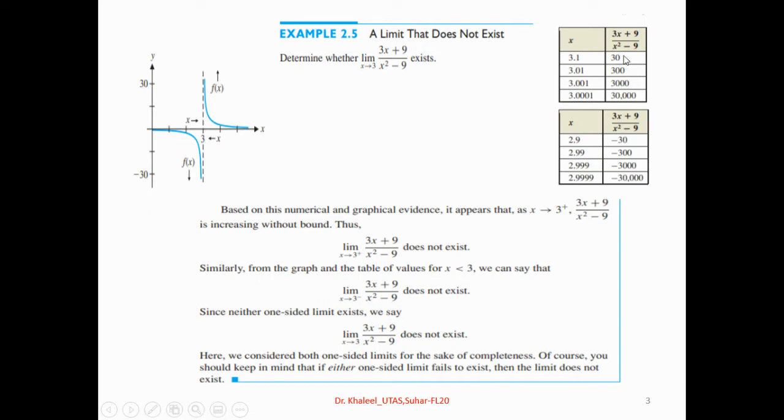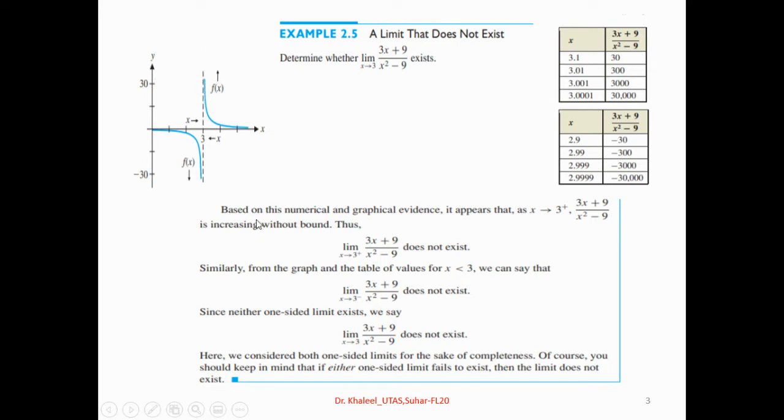That means they are going to infinity, that is plus infinity. Now you see we have a 3 here, and you're coming from the right side, and see how the graph comes here, and it is not giving you any value of y. That means this goes on and on.